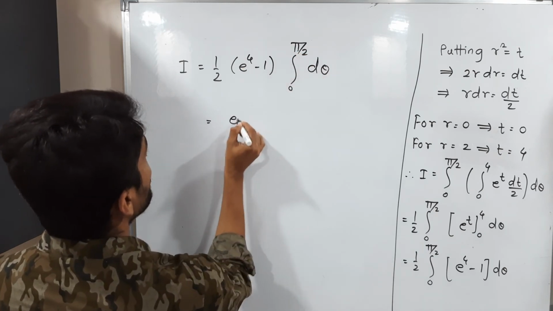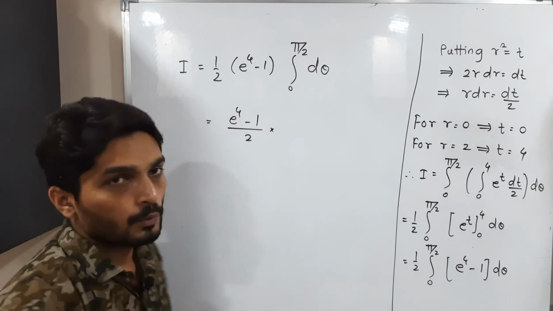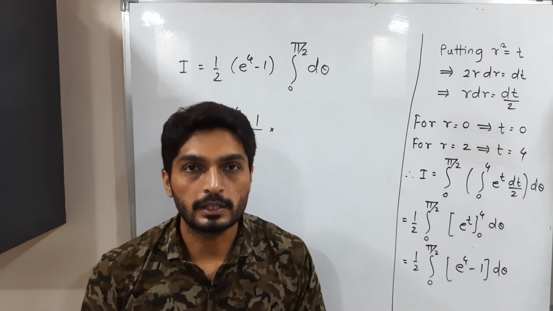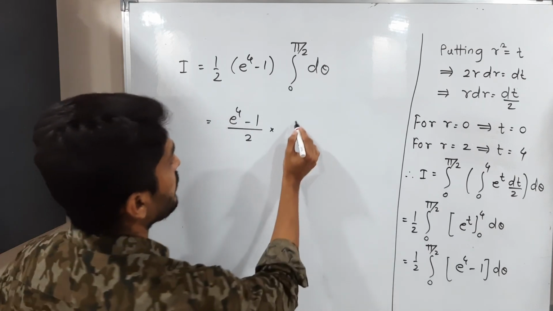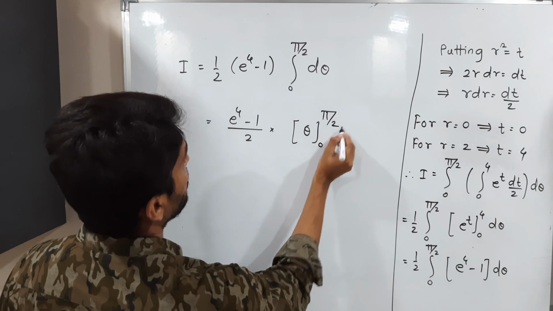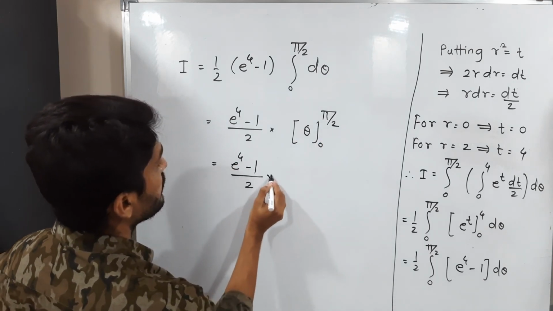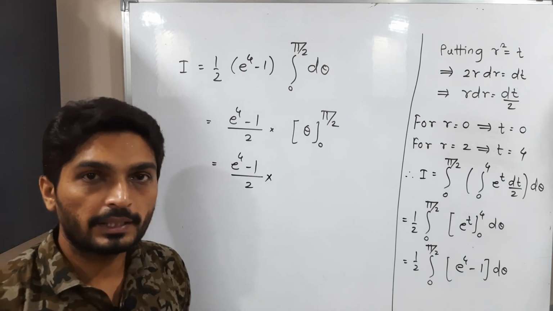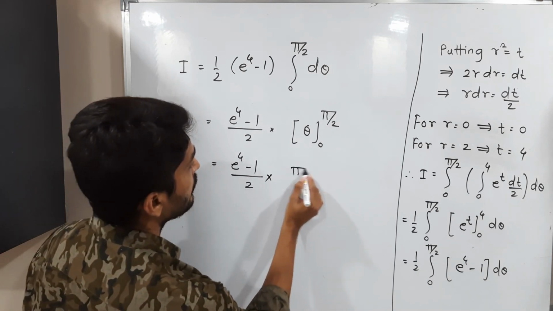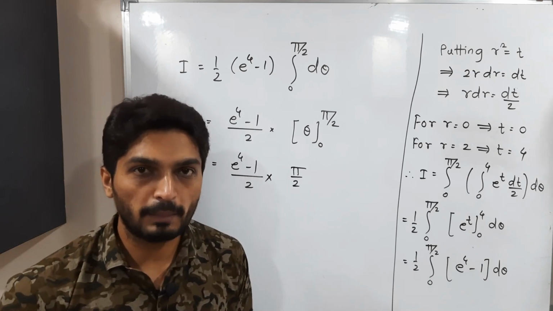So this is e raised to 4 minus 1 by 2 into, what is the integration of d theta? It is theta. So theta 0 to pi by 2. I will put upper limit pi by 2. If I put lower limit, you will have 0. So we will have simply pi by 2.